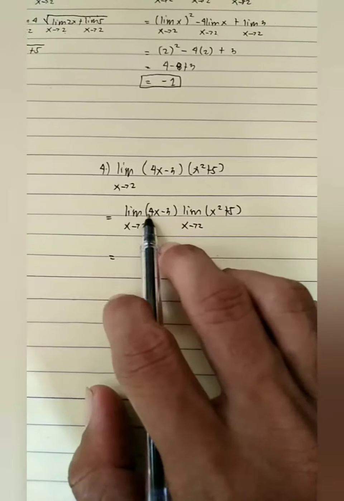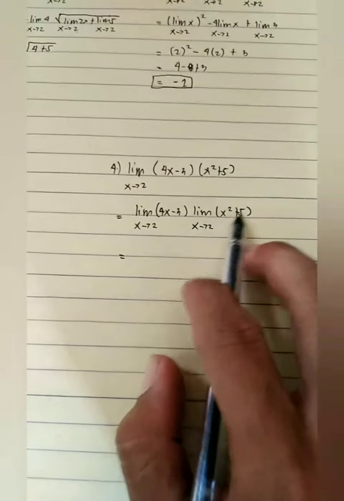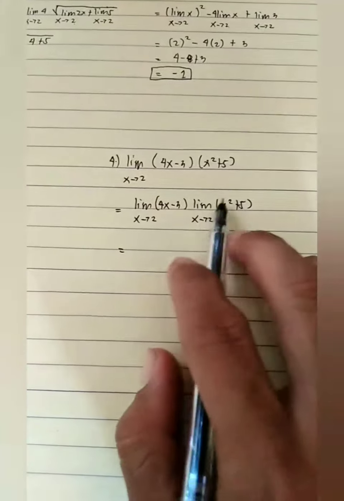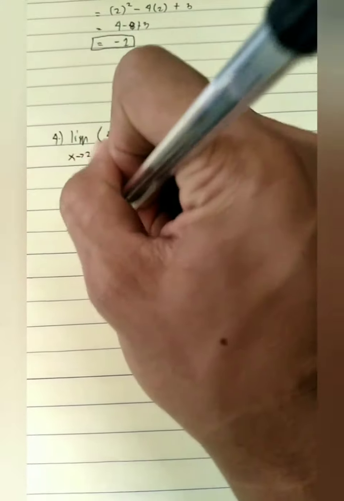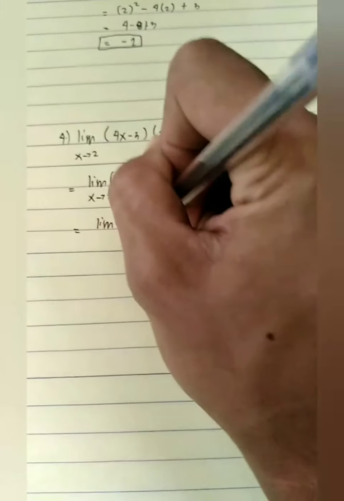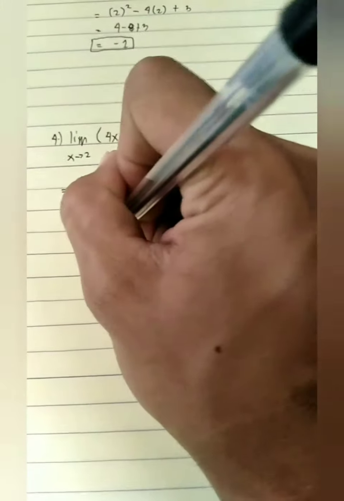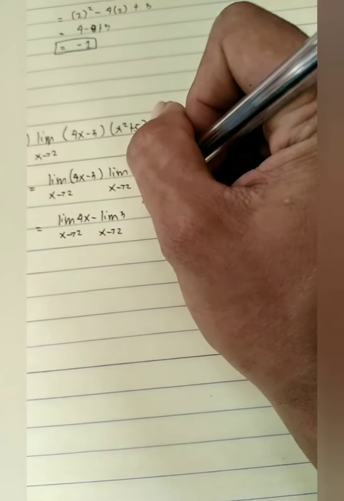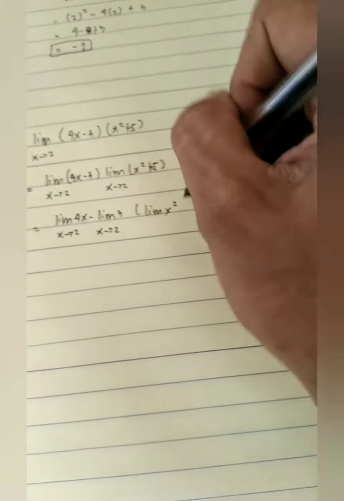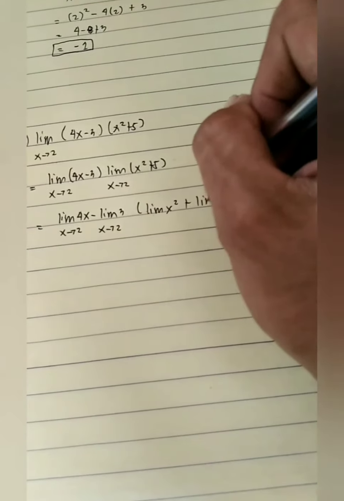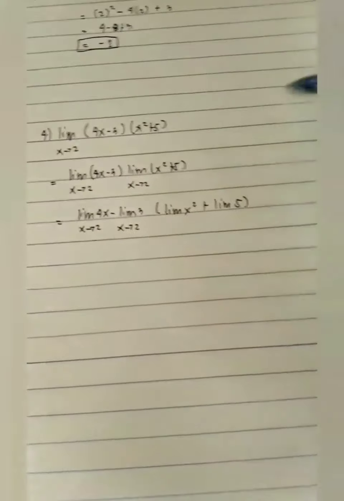Since it is not yet distributed to the whole parts of these two expressions, simply distribute the limit notation: the limit of 4x minus the limit of the constant 3 as x approaches 2, times the limit of x squared plus the limit of the constant 5.